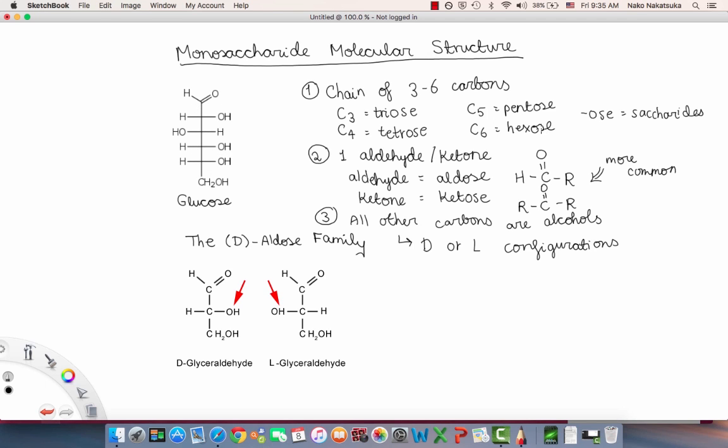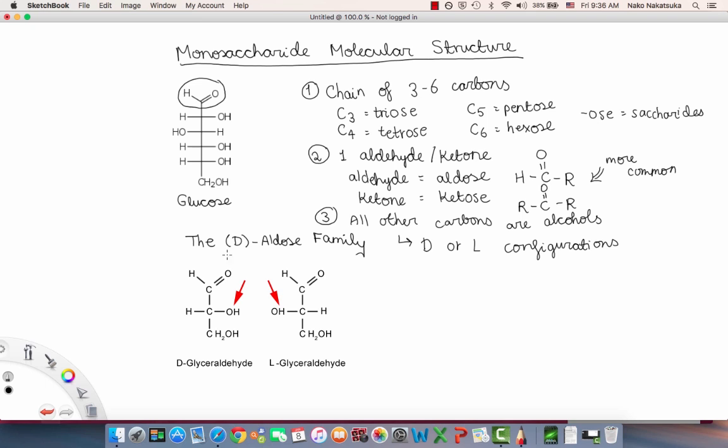So it's a hexose. Since it has this C double bond O group right here, it is considered an aldose. And all other carbons are alcohols, as in this carbon, this carbon, this carbon, this carbon, and this carbon all have an OH group, a hydroxyl group. So glucose is an aldose, which has 6 carbons, and all of these carbons have OH groups.